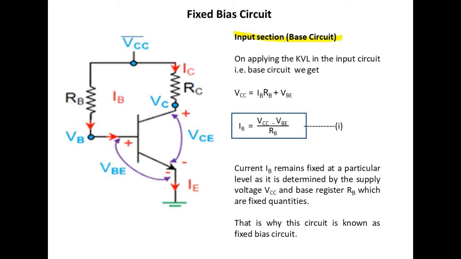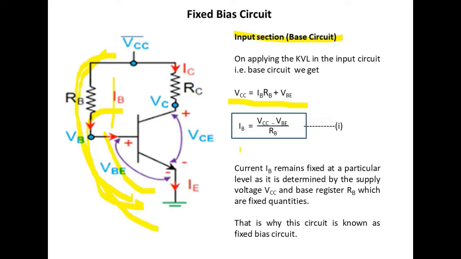Now input section, that is the base circuit. Talking about this circuit, this portion. On applying KVL in the input circuit, that is the base circuit, we have VCC is equal to IBRB plus VBE.